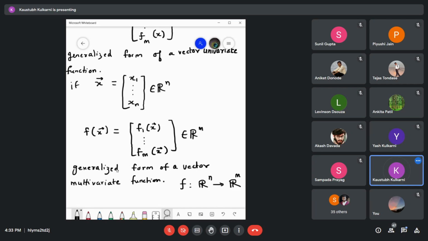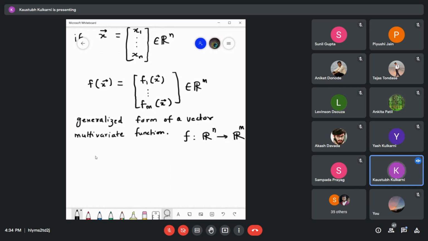Excuse me, sir. Yes. I didn't understand where that x1 went. You have written f1(x vector), and why not x1 vector? x1 is not a vector. x1, x2 up to xn are the components of x vector. Another way of writing this would be f of x1 up to xn.